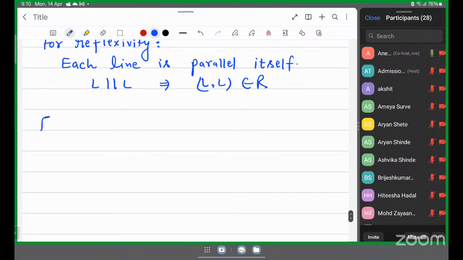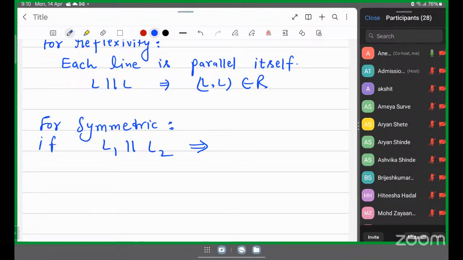Now, for symmetric, if line L1 is parallel to line L2, then line L2 will also be parallel to line L1. Yes or no?